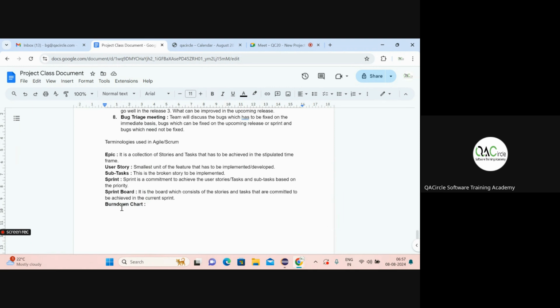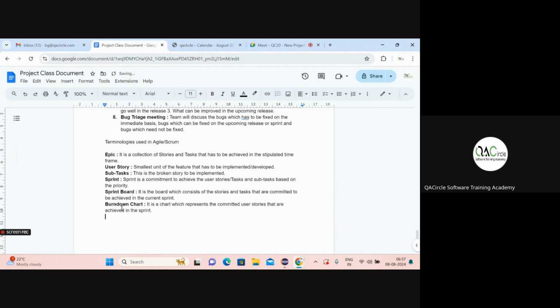So a burn down chart is a chart which represents the committed user stories that are achieved in the sprint.